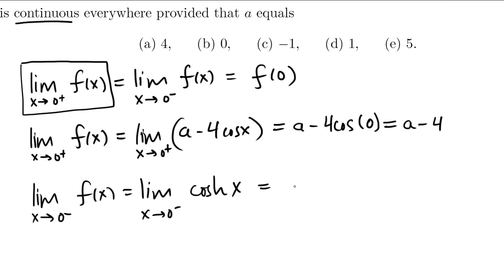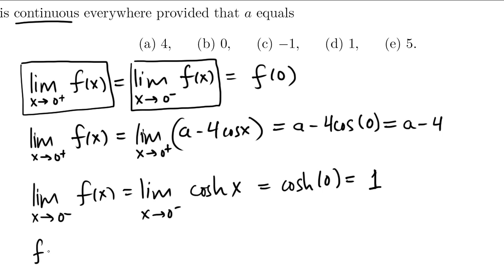And hyperbolic cosine is a continuous function everywhere, so to do its limit, I can just put in the number. And we saw actually on the last question that hyperbolic cosine of 0 is just equal to 1. Very similar to cosine of 0 being equal to 1. So we've just calculated this value to be equal to 1.